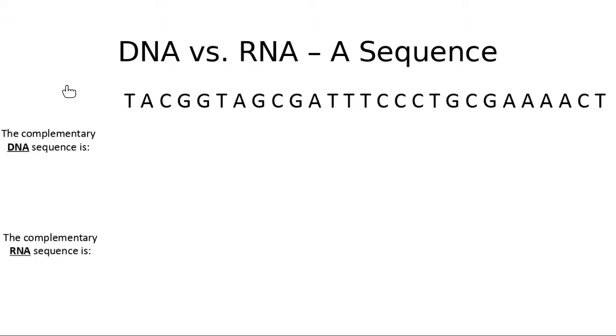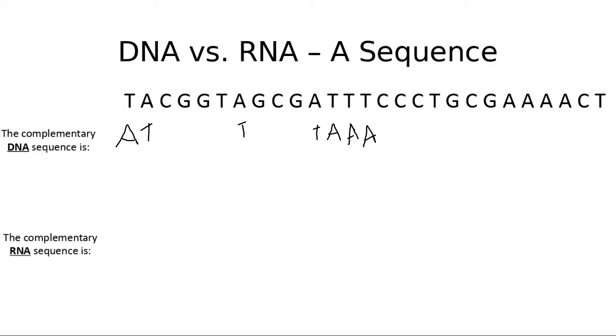Yeah, T always pairs with an A. So every time we've got a T, we're always going to put an A. When I have an A in the original DNA sequence, what am I going to have in the other one? If T goes with A, yeah, A goes with T. So they're always partnered with each other. We can do that all through the sequence.